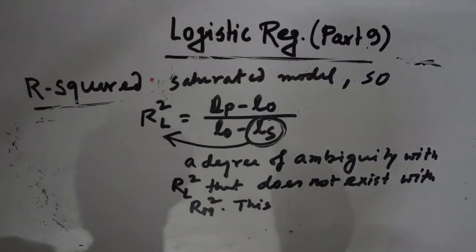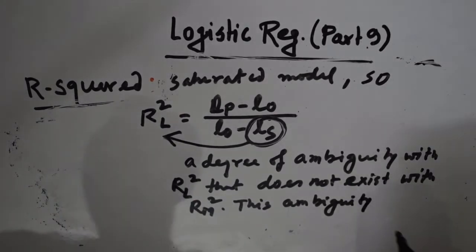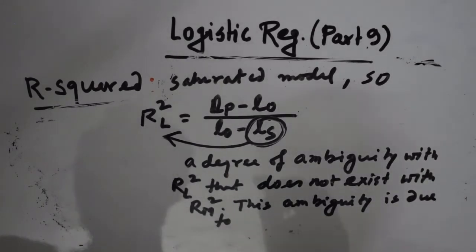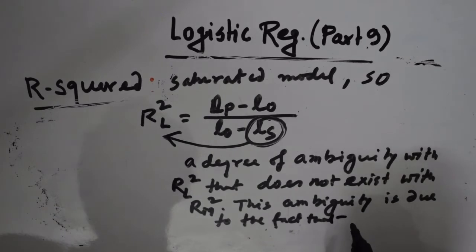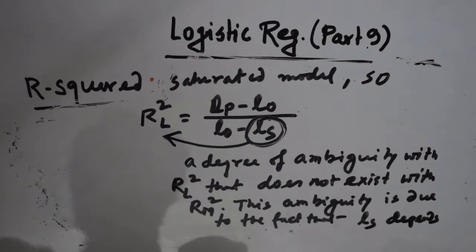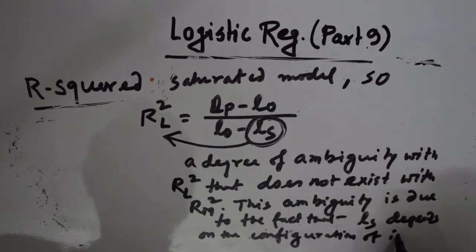This ambiguity is due to the fact that the value of small ls depends on the configuration of independent variables.